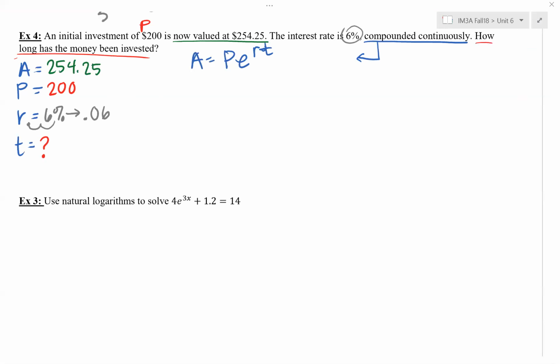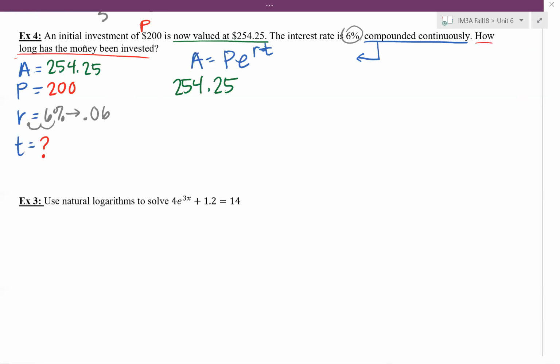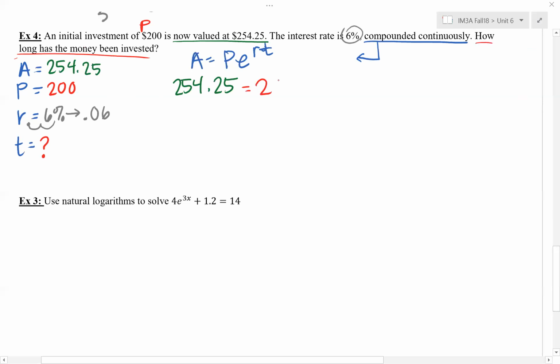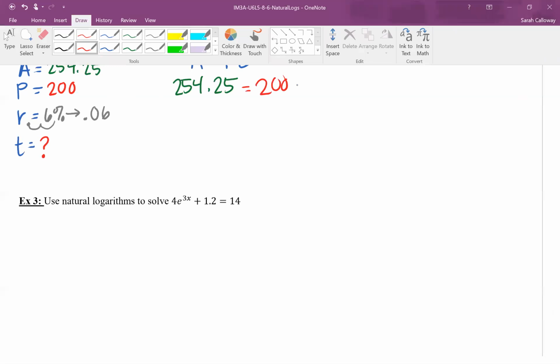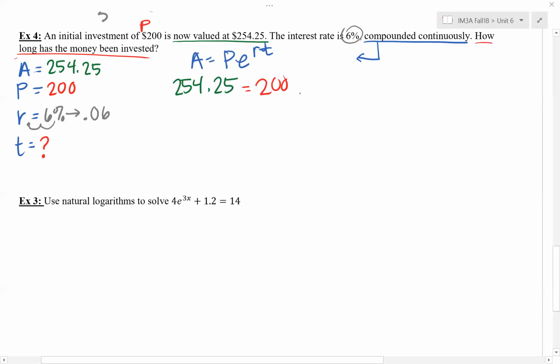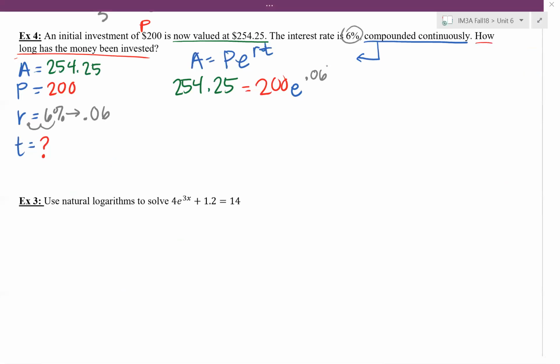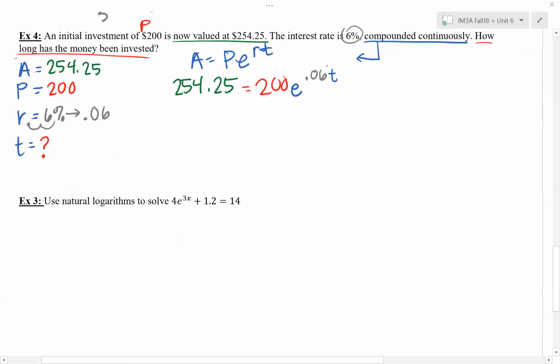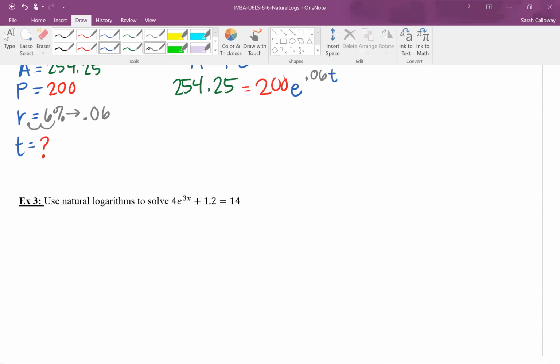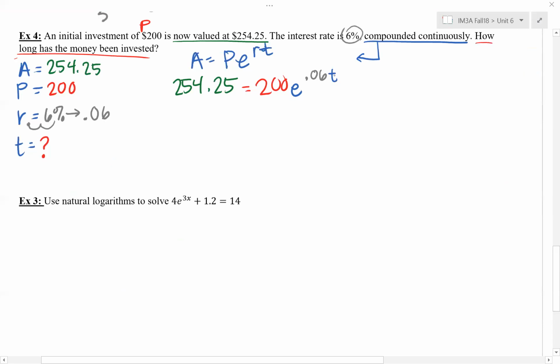So let's plug those values in. A is 254.25, and that's equal to P times, so 200 times e to the r times t power. Our r is 0.06. t is our unknown, so we're going to leave it as a variable. Now we have 254.25 equals 200 times e raised to the 0.06t power.